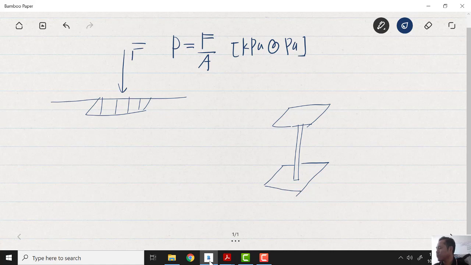If I put a weight of 10 kilograms here, the force will be mg, the weight. This force is exerted on the area.